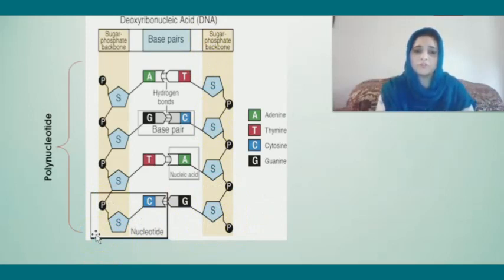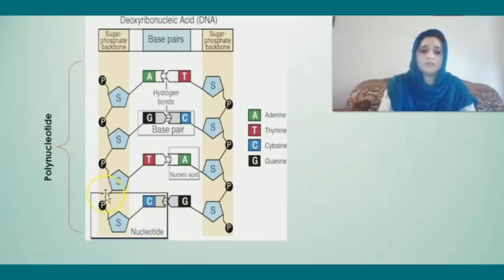So the sugar phosphate backbone is known as the polynucleotide. It is the nucleotide. You can see here it contains sugar, phosphate and here cytosine, that is the nitrogenous base. Any nitrogenous base can be present here. In place of cytosine it might be thymine, adenine or any of the 4 nitrogenous bases. So it is the nucleotide. When many nucleotides combine together, they form a structure called the polynucleotide.